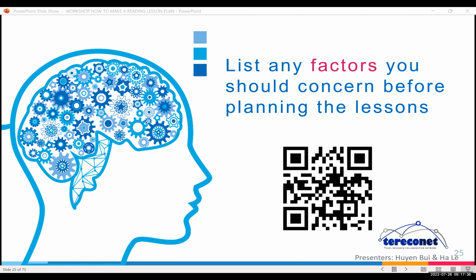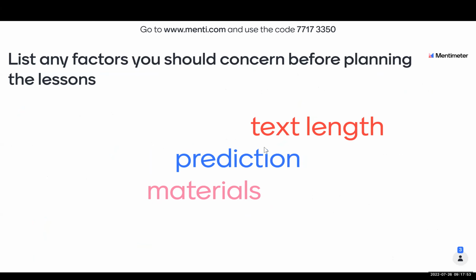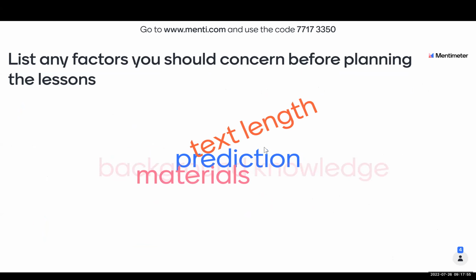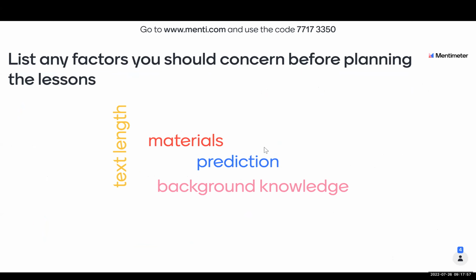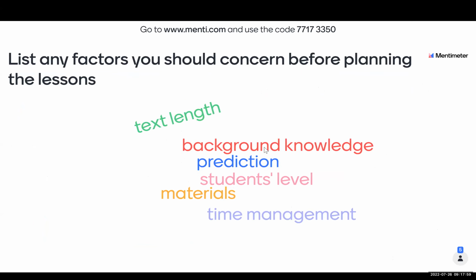Any words? When you start planning the lesson, what factor should you consult? Prediction. What should we predict? Materials. Yes. Okay. Text length. We should consider time management, background knowledge of the students.